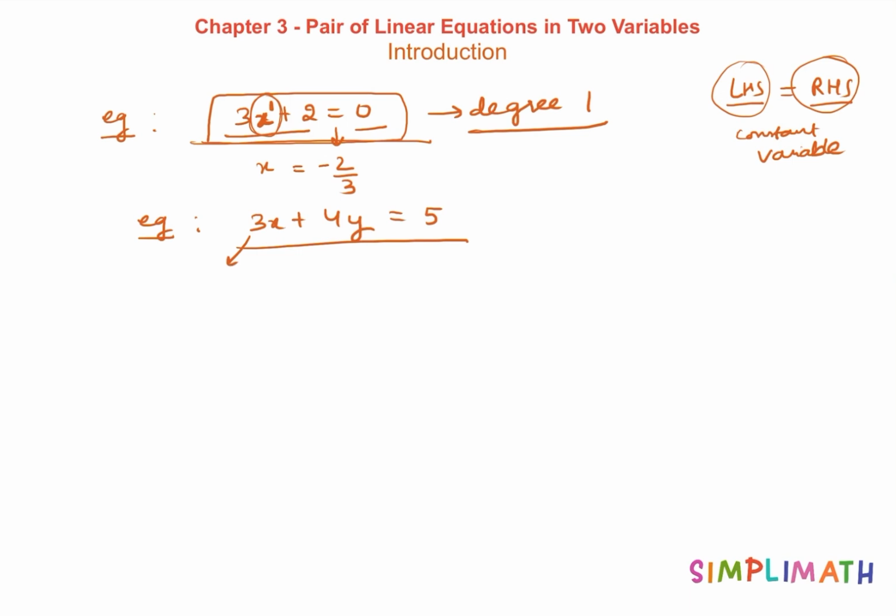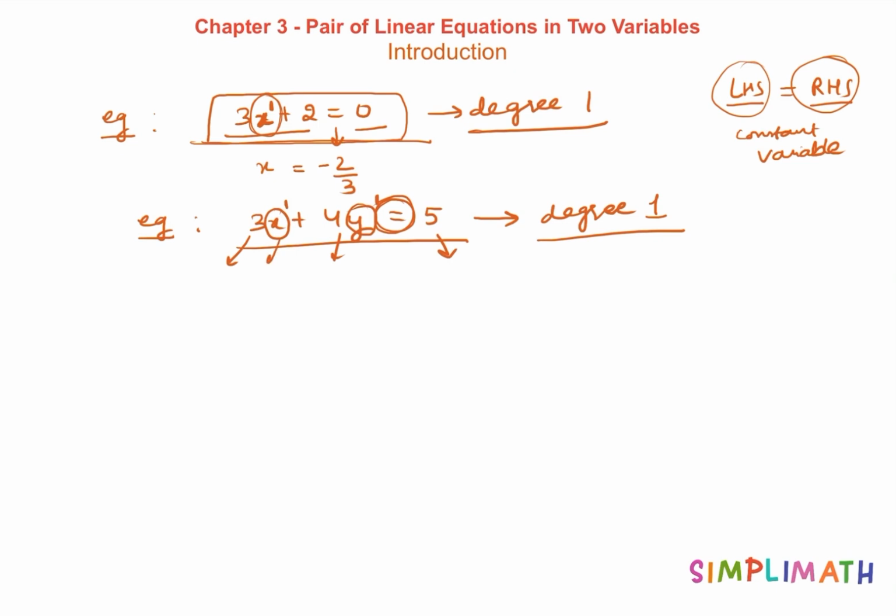Now 3 is a constant, 4 is a constant, 5 is a constant, x is a variable, y is a variable, and the power of x is 1, power of y is 1. So I can say the degree of this equation, because we have an equal to sign, right? So the degree of this equation is 1, and hence it is a linear equation.